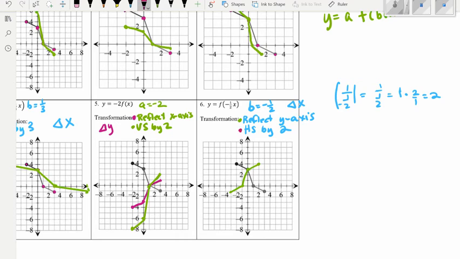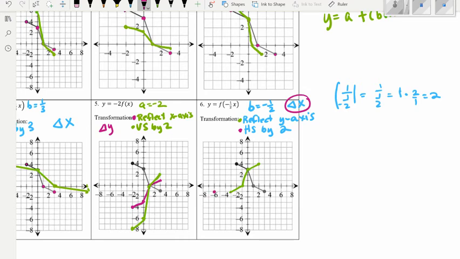And then if we want to do a horizontal stretch by 2, again, we are changing our x values. The y values would stay the same. So if I have -3 and -1, the x value is -3 for that point right there. So -3 times 2 would be -6.